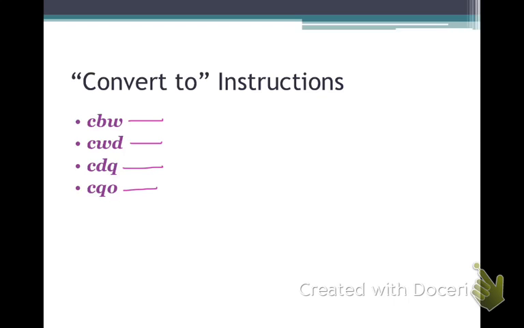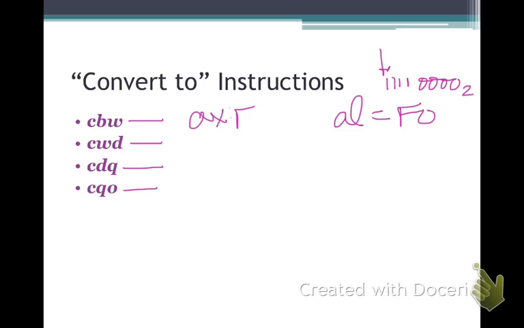Let's say my byte is AL, and in hex it has F0 in it. When it converts that byte to word, the entire thing is going to go in AX, and it's going to take the sign bit of AL, which if we wrote it in binary, my sign bit would be 1, so it would be all ones, or FFF0. So that sign bit would be extended to the high order portion of the dividend.